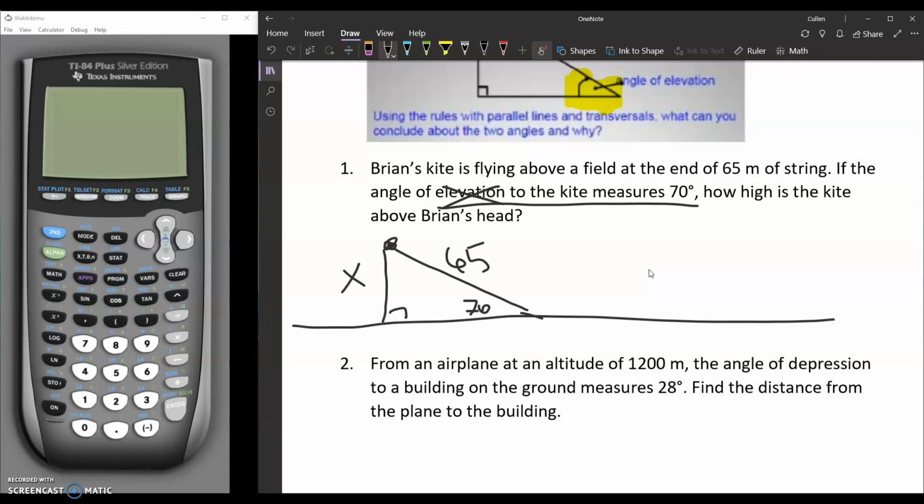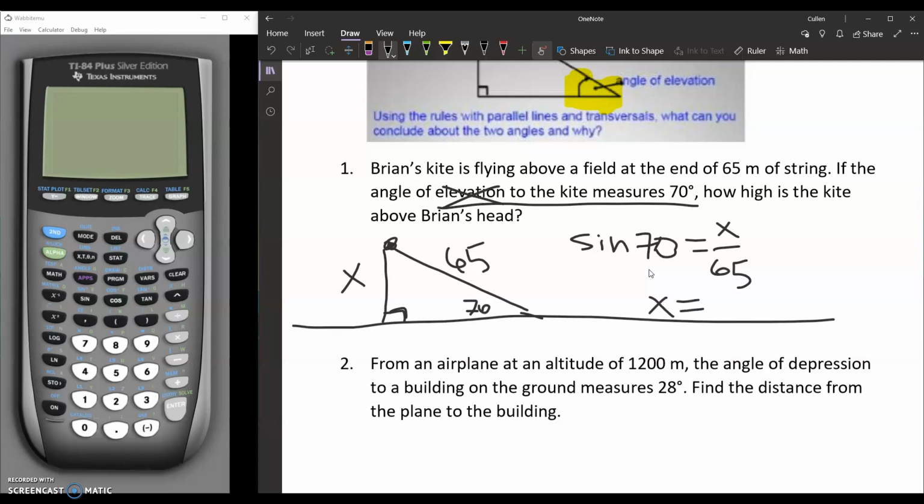So that means now it's going to boil down to using SOHCAHTOA, sine, cosine, tangent, and setting up a ratio. This is going to be sine because we have opposite x and the hypotenuse 65, so it'll be sine 70 degrees equals opposite x over 65. And then you can solve for x by multiplying both sides by 65.